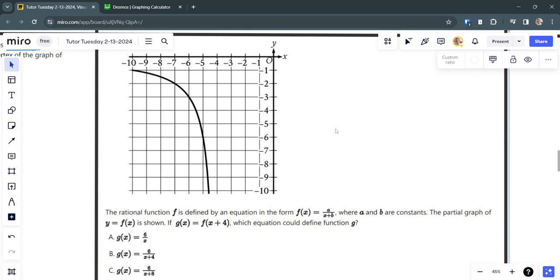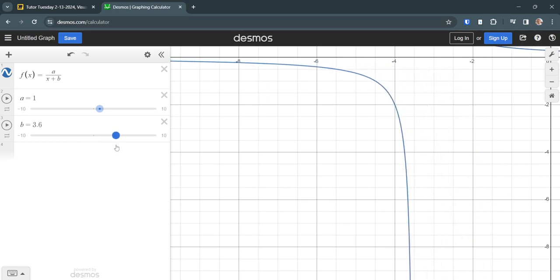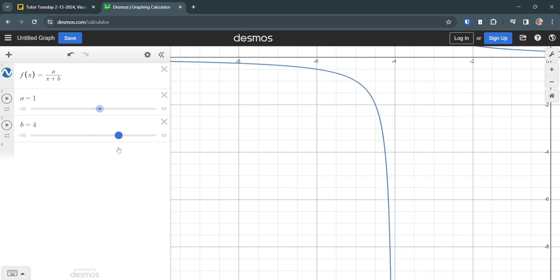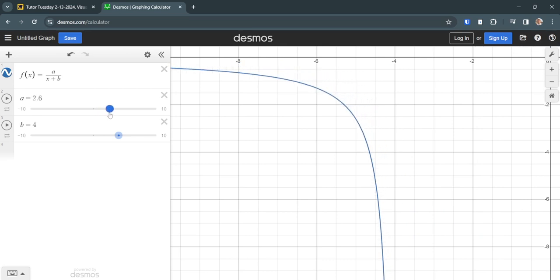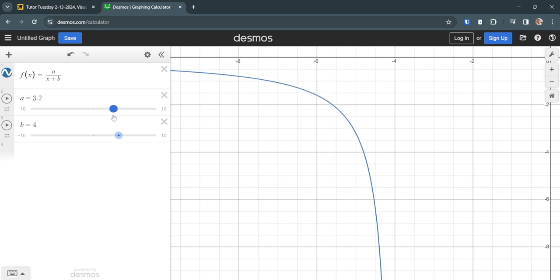Move it up slightly like this. And it looks like it's becoming more asymptotic here near the -4. So what I want to do is maybe adjust my sliders until I get sort of the same behavior. I can play with the a values as well.